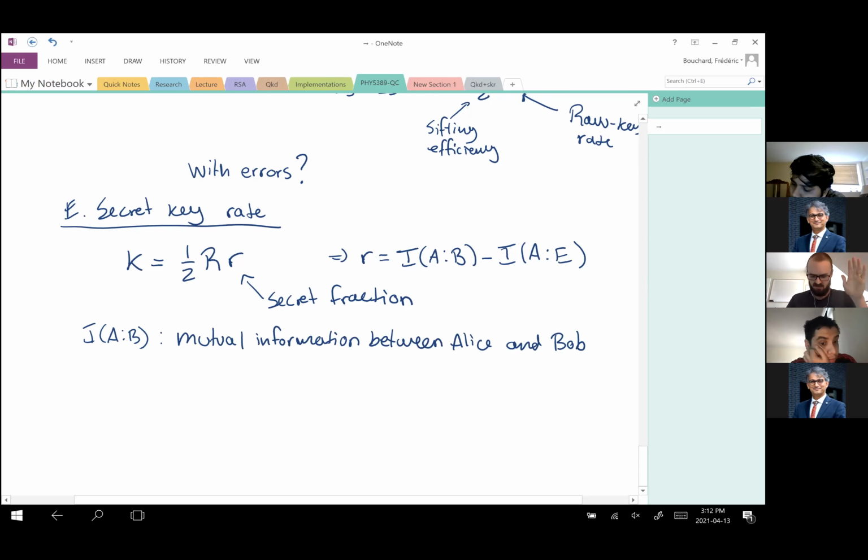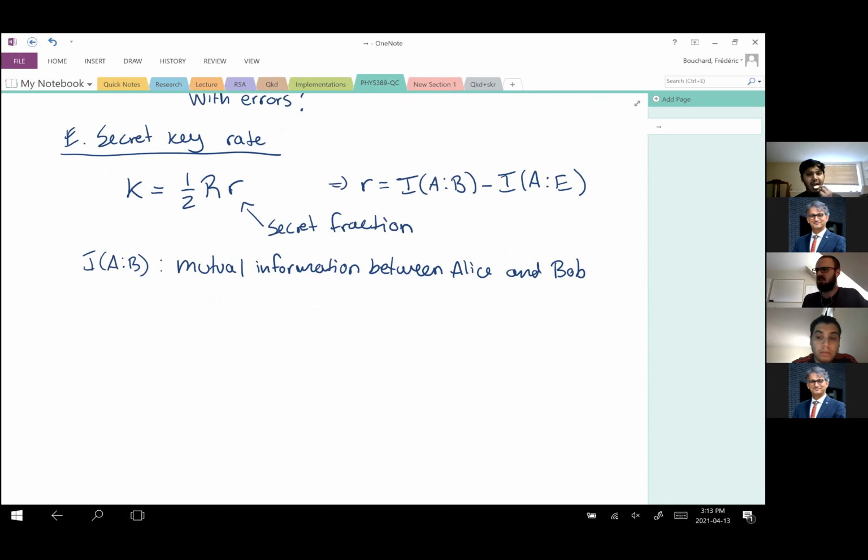So as long as the information contained between Alice and Bob is larger than between Alice and Eve, you should be fine. Your final key will be shorter because you have to do more stuff, but you should be okay. It makes sense if it's the other way around: if Eve has more information about Alice's key than Bob does, there's no tricks that you can do that will give an advantage to Alice and Bob.